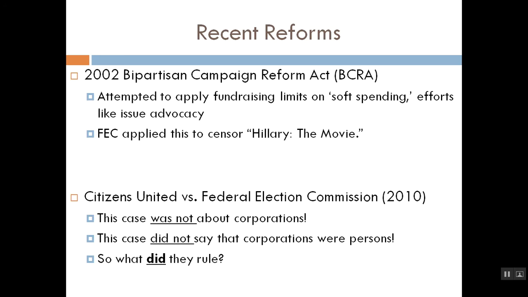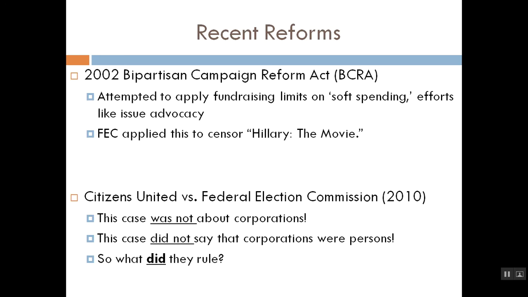So Citizens United retaliates by suing the FEC. Now, let me be clear. The FEC was right. What Citizens United did is undeniably against the BCRA. But Citizens United would counter-argue by saying, well, sure, we violated the BCRA's limits on the amount of money you can spend sharing information about political leaders during an election.